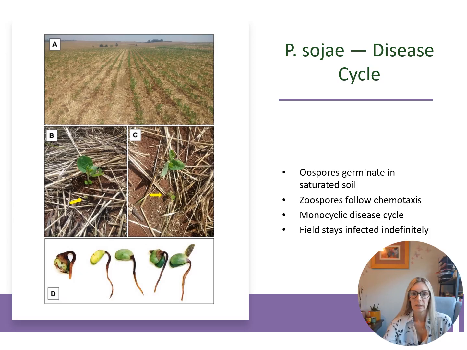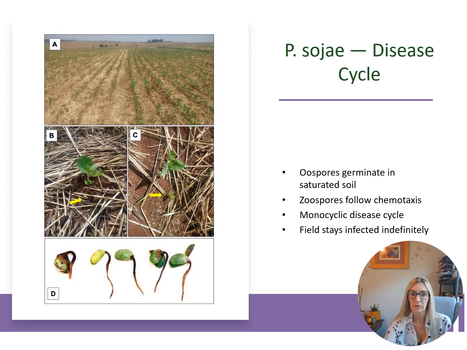The pathogen's disease cycle begins when oospores germinate in waterlogged soils. They release zoospores, which are attracted to soybean root exudates through chemotaxis. The zoospores encyst, penetrate roots, and colonize the plant. Unlike Rhizoctonia, P. sojae is considered monocyclic, meaning it typically completes only one major disease cycle per season.